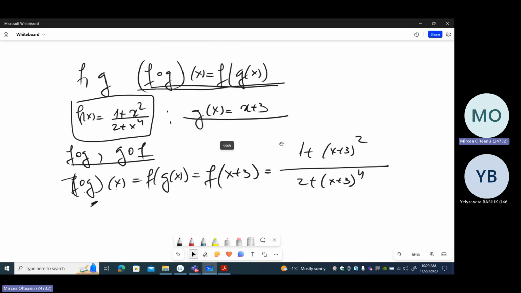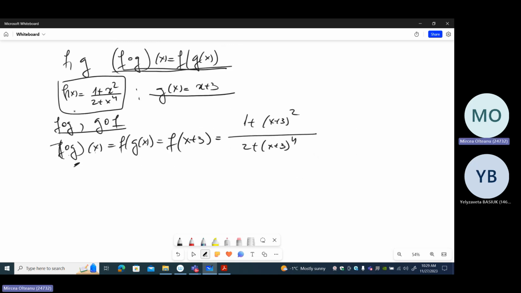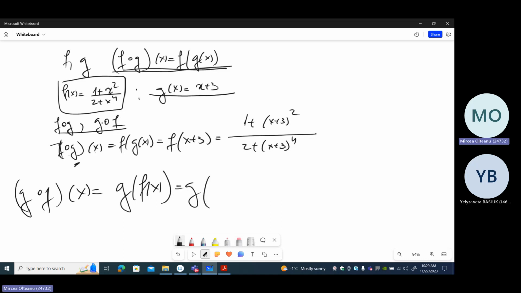Now let's see the other one, g composed with f at x. By definition, this is g of f of x. So the first to be applied now to x is f. That means g of f is this one, 1 plus x squared over 2 plus x at the power 4.